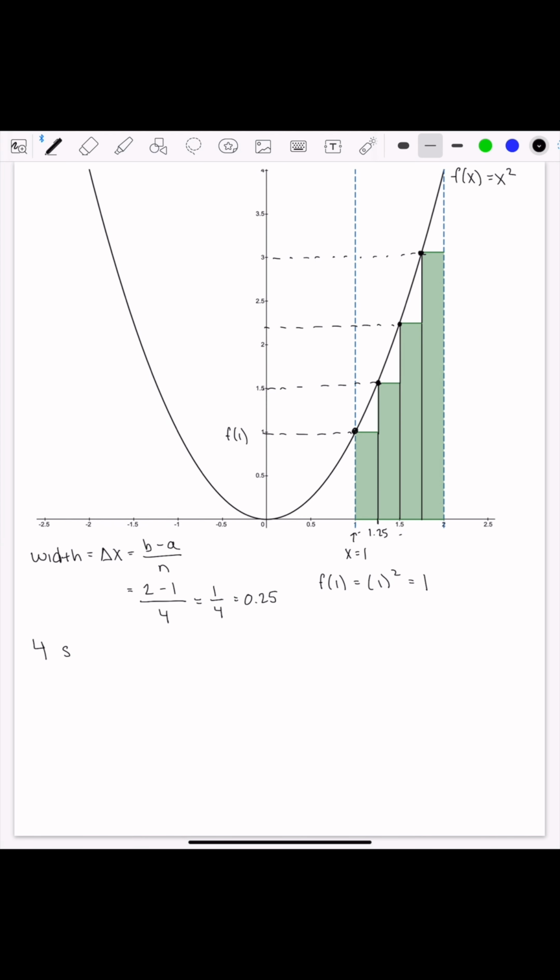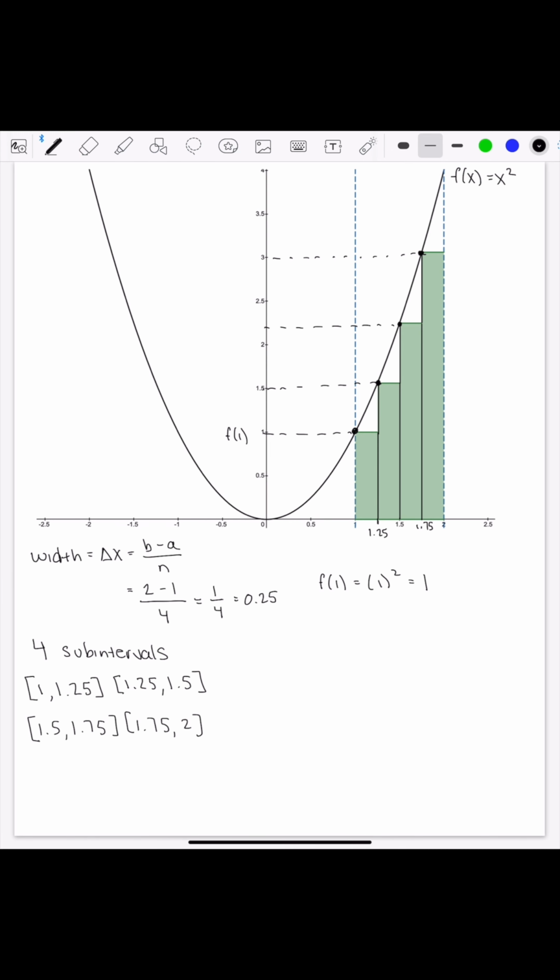That gives us 4 sub-intervals. The leftmost interval is 1 to 1.25, which creates our first rectangle. Then the second one goes from 1.25 to 1.5, the third one goes from 1.5 to 1.75, and the last one goes from 1.75 to 2. So we know that this right here is 1.75.